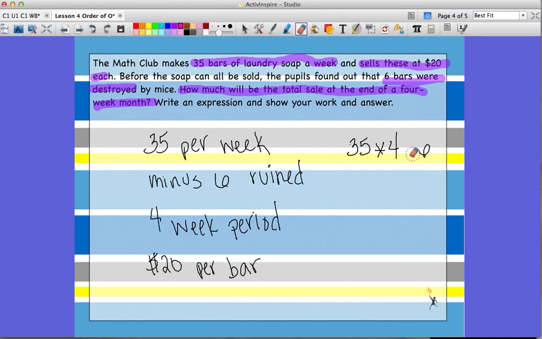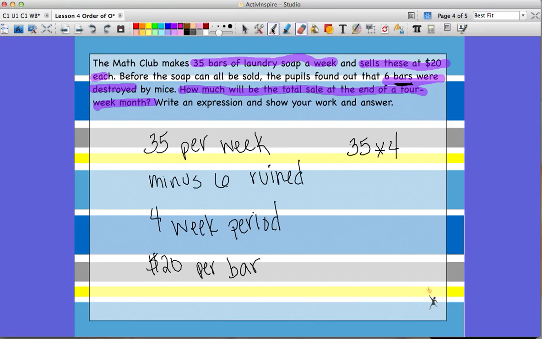If we were to do times the $20 a piece minus 6, now all of a sudden you've made 35 bars times the 4 weeks times $20 a piece. Now you've collected money for every single bar that you made, and you're only subtracting $6. But these aren't $6, these are 6 bars.